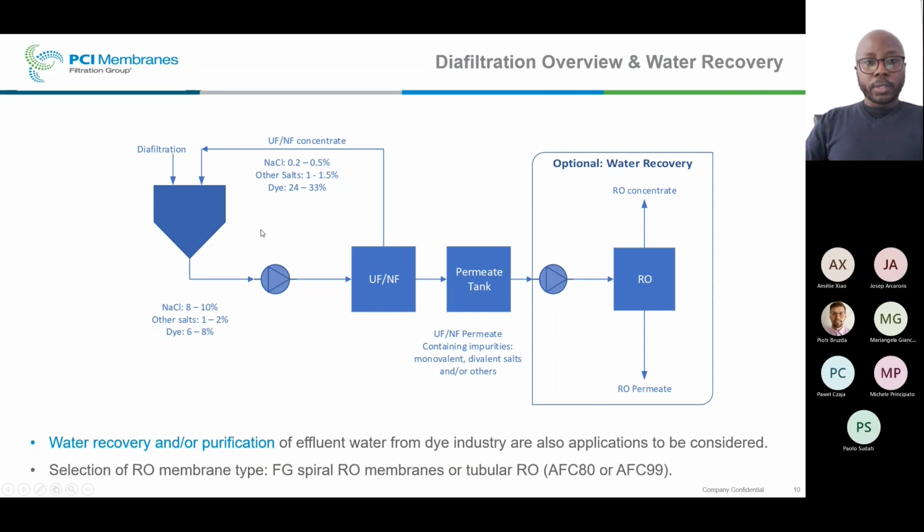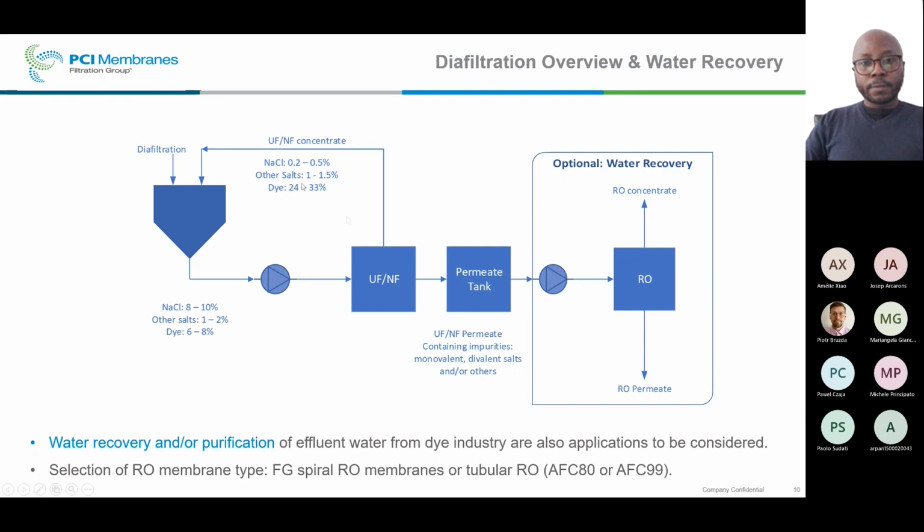In this case, the filtration water is being added into the feed tank, which is then pumped through a membrane system. So it's either using an ultrafiltration membrane or a nanofiltration membrane, as we've discussed earlier.